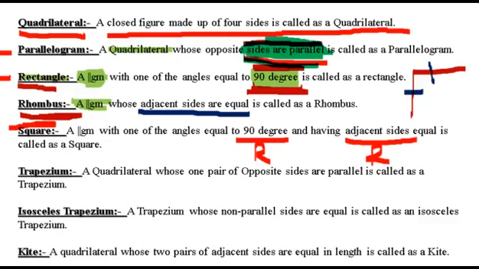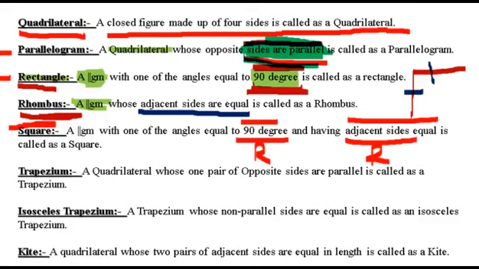First, you will prove that the given quadrilateral is a parallelogram. Then you will prove that one of the angles of the parallelogram is equal to 90 degrees. Then you will also prove that one pair of adjacent sides is equal. And this is how you will convert this into a square. So what are the keywords here? 90 degrees and adjacent sides equal. Keep this in mind.